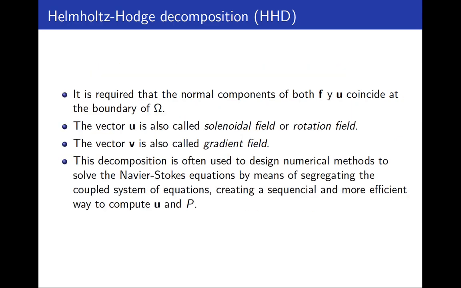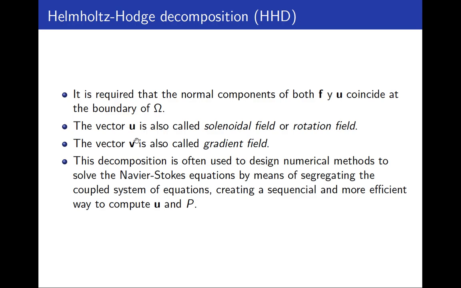Some important points that I also want to mention: remember from your calculus lectures that you can decompose a vector field into normal components and tangential components. The normal components of both the vector F and the vector U have to coincide at the boundary of omega.